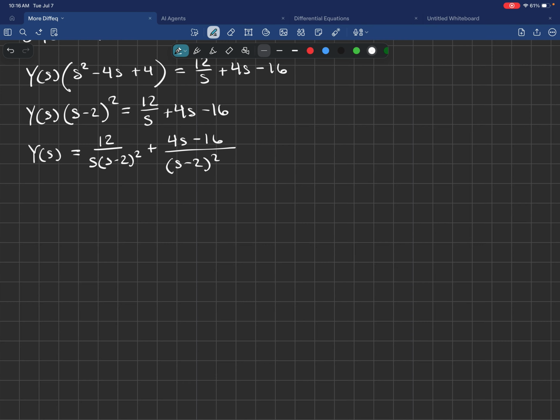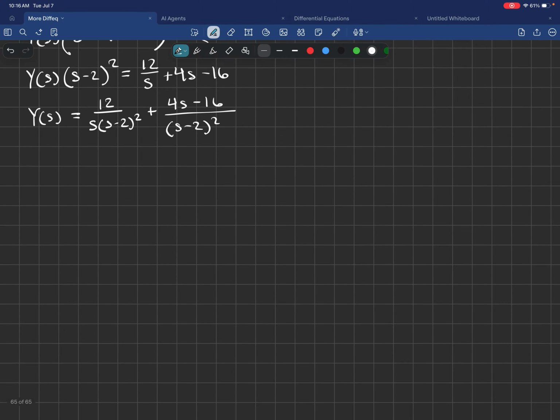So to make the next step easier, which is going to be our partial fraction decomposition, we want to combine the right side into a single fraction by finding a common denominator, right? So that common denominator is going to just be s times this. This is going to be our common denominator because, as you can see, these are the same thing. All this is missing is an s.